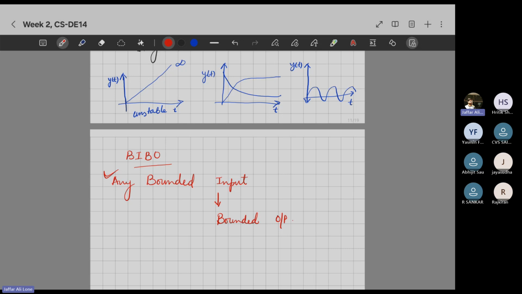If this is the case, then my system is bounded input, bounded output stable.